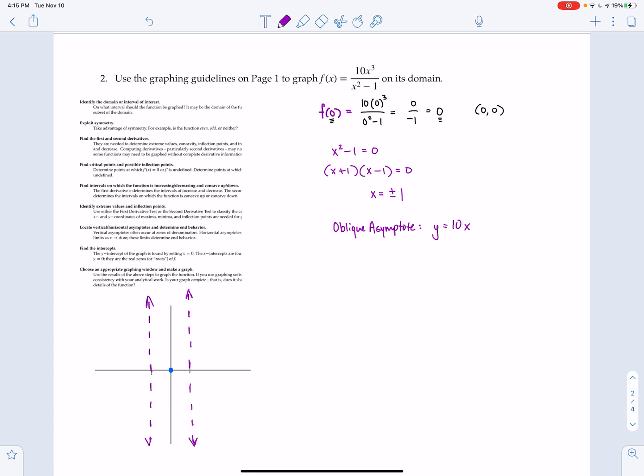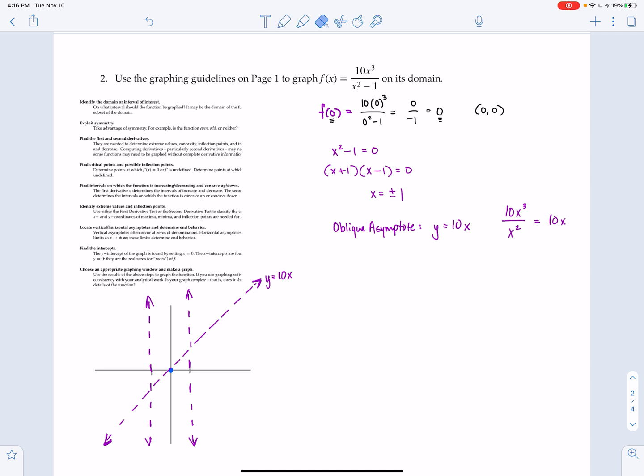That can be found most commonly by taking the numerator divided by the denominator, but really just the highest order of powers. When I do that, I get 10x. So that means I have a really steep oblique asymptote, y equals 10x. And so we've got some interesting things going on in here.